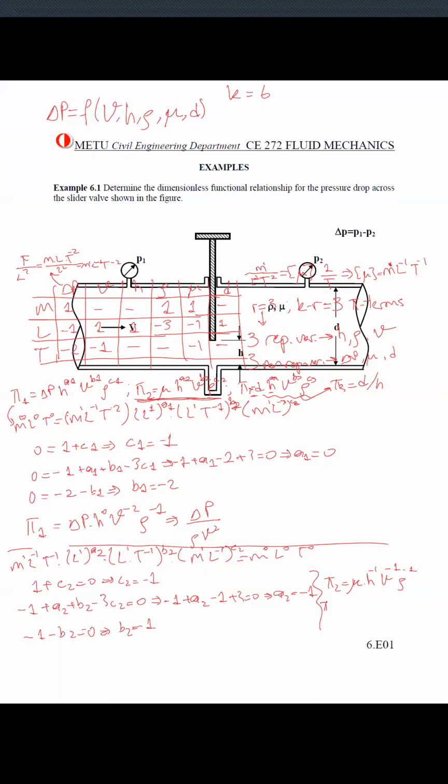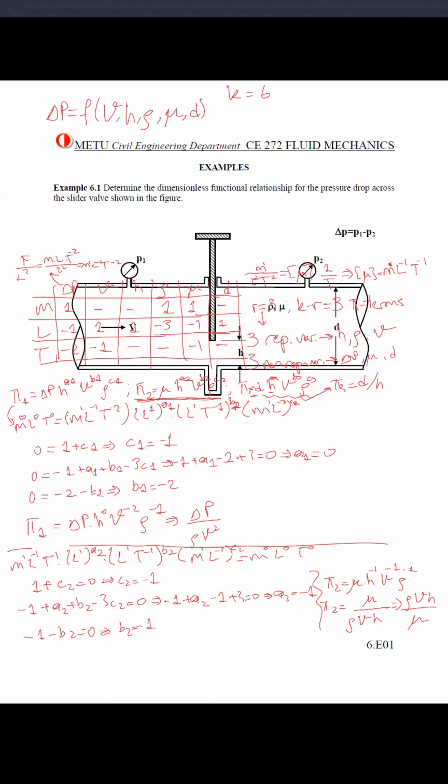So that pi 2 equals mu over rho V H. Or if you turn this, you will see that it is rho V H over mu, which is the Reynolds number.